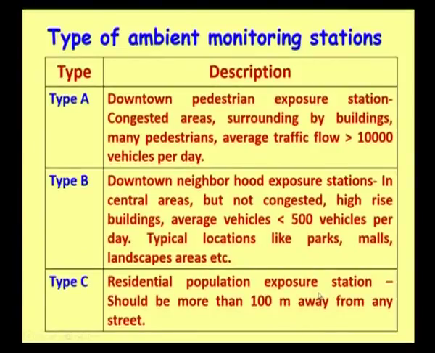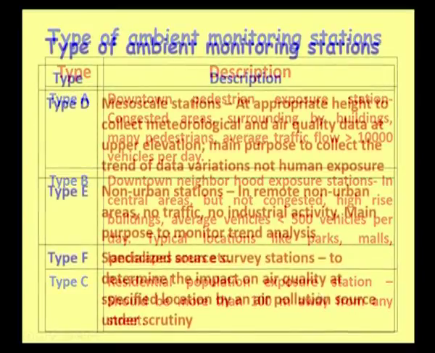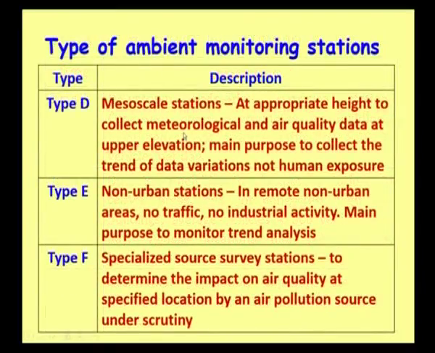And type C is the residential population, 100 meters away. Type D is the mesoscale station, at an appropriate height to collect meteorological and air quality data, that means at a height, on the top of a building or with some sensors.